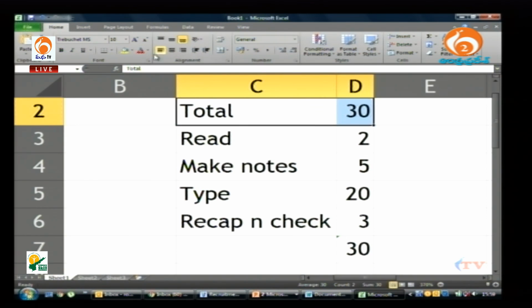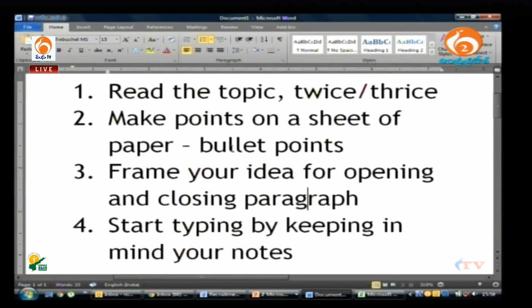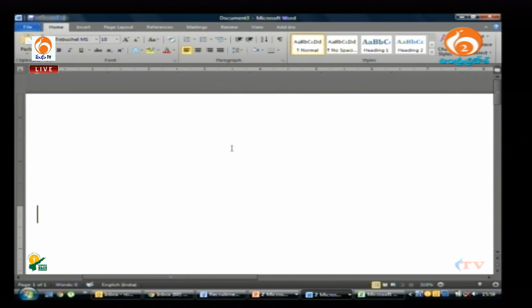So, this is my entire time given. So, distribute your entire 30 minutes. First 2 minutes dedicate it to read the topic. Next 5 minutes make notes. Carry a pen and paper, make notes. When you are making notes, write on top something like this. Write on top, opening.